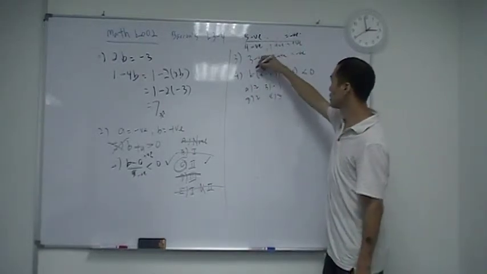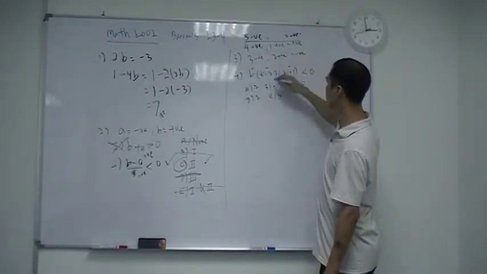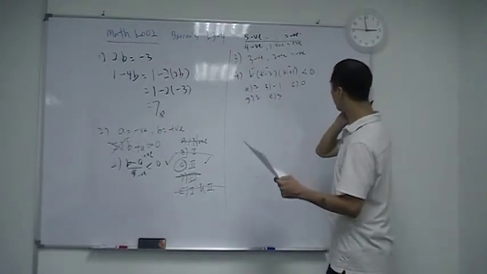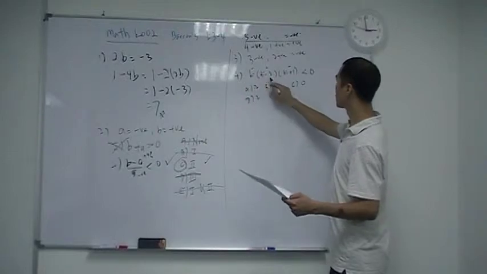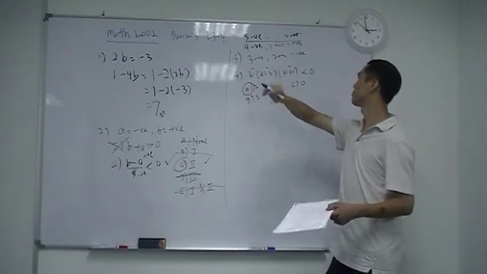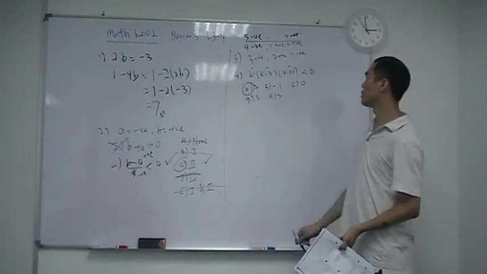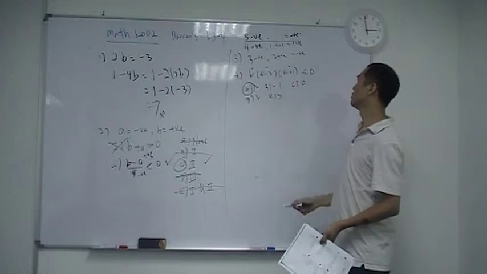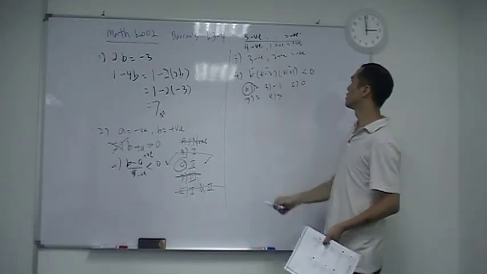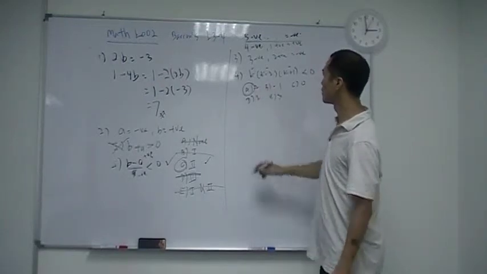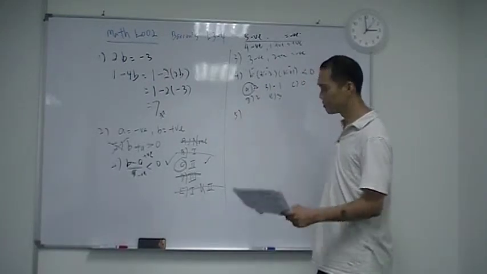So if I put negative 2 here, it's negative 2 times negative 4 times negative 1, so it's always negative. So that's A. I don't need to check the others because if I put negative 1 here, it's 0; put 3 here, it's positive; put 0 here, it's 0. So the answer is negative 2, A. Very straightforward.